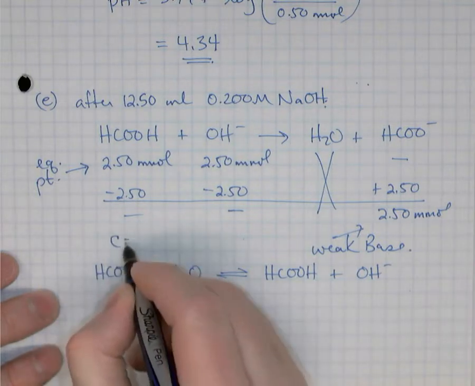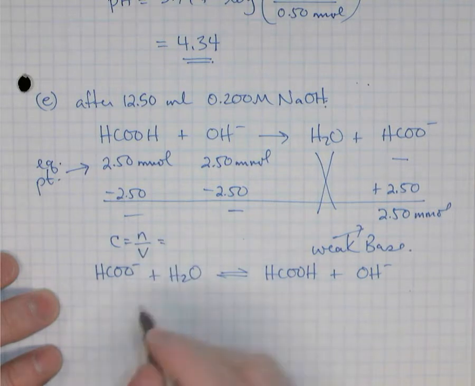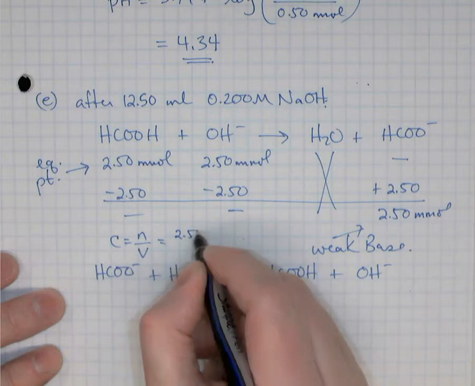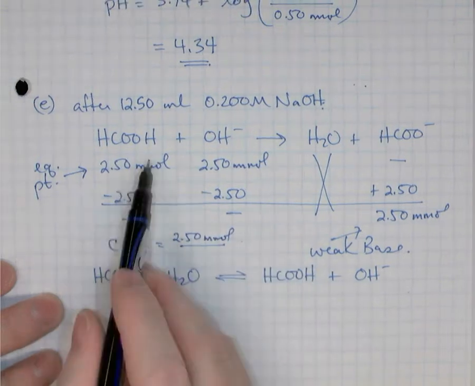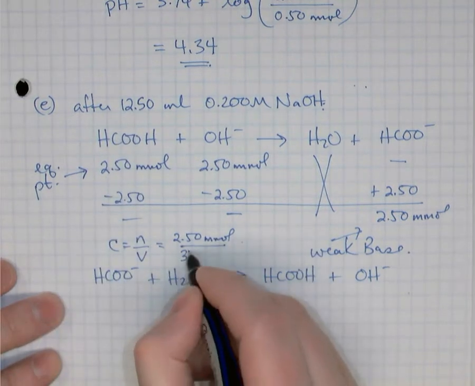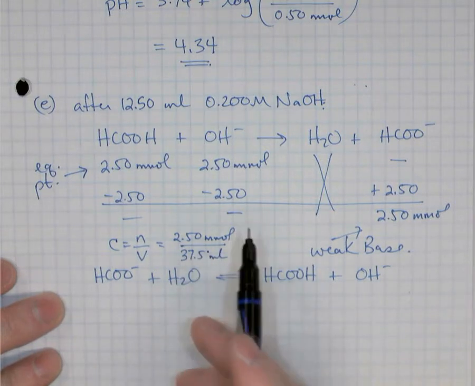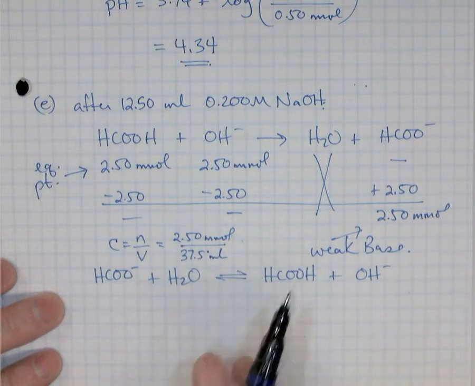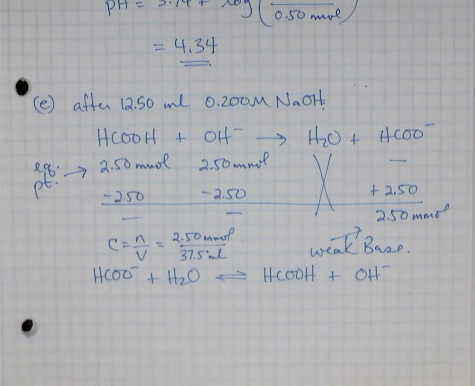Its concentration is moles divided by volume, or millimoles divided by milliliters. So 2.50 millimoles divided by 12.5 plus 25, we have 37.5 milliliters. The 25 milliliters of acid that was there originally, plus the 12.5 mils of base that we just added.